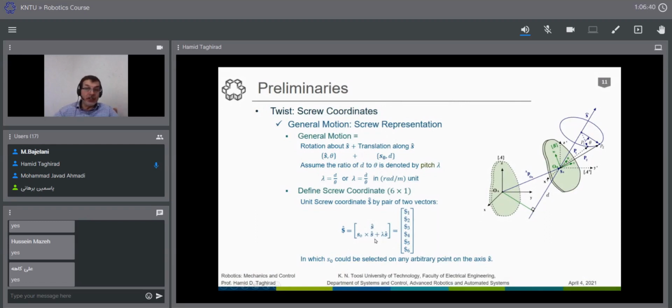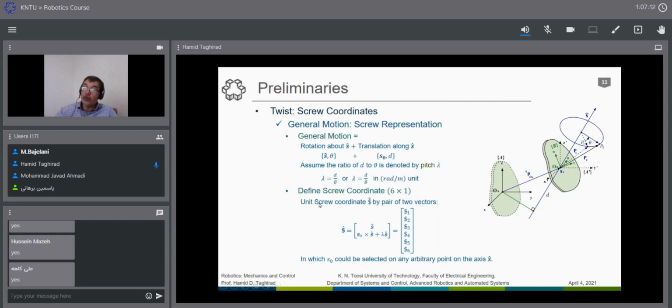This is the definition. We call any screw coordinate a unit screw coordinate, a 6 by 1 concatenation of a pair of 2 vectors, S hat and this vector, where S0 could be selected as any arbitrary point on the axis S. Why is this important?